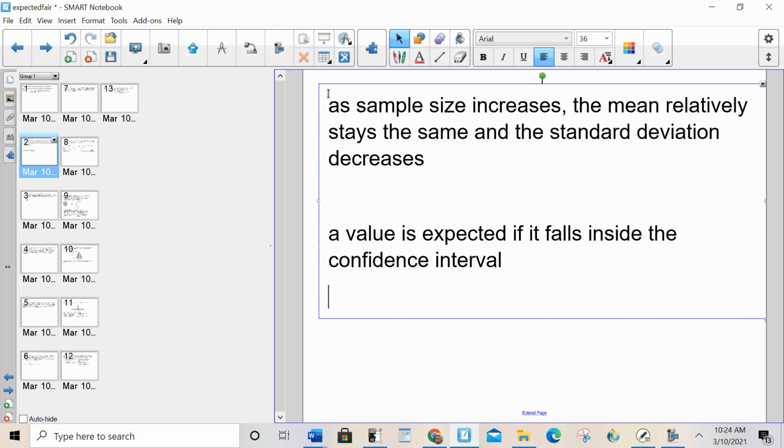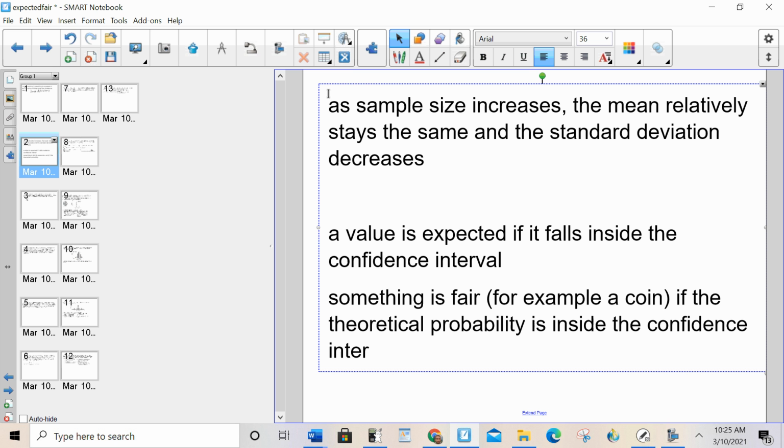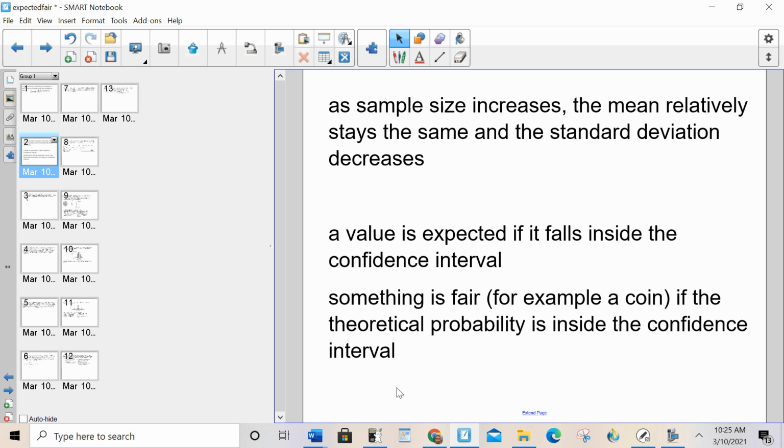And along the same lines, something is fair, for example a coin, if the theoretical probability, so for a coin that being 0.5, is inside the confidence interval. That's the main things that we talked about in the last lesson.